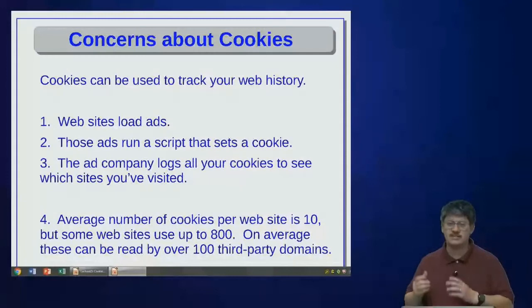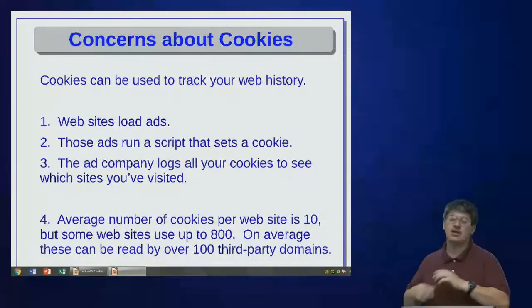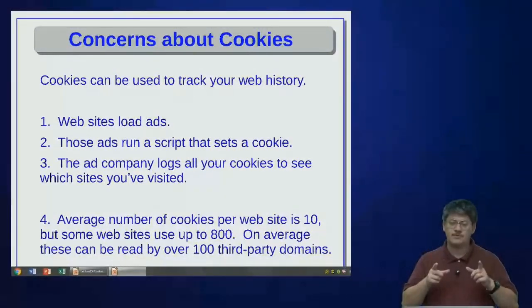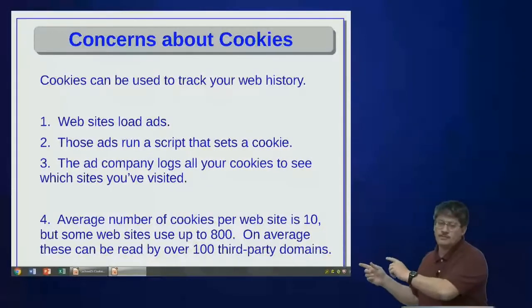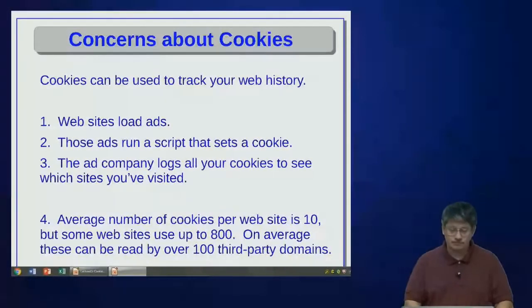And so what they do is they store a special cookie that keeps track of the fact that you visited that site. And because the domain of that cookie is the domain of the third-party advertiser, not the domain of the website you're going to, when you visit one of those sites, they can see not only the cookie for that website, but for all the other websites that you visited that have advertising from that same company.